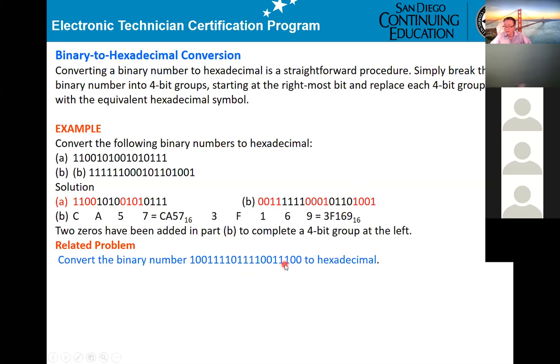First one, what number do you get? 1100 is D8. The next one, 1001 is 99. Perfect. And the next one, 77. Right? The next one, FF. And the last one, 44. Perfect.